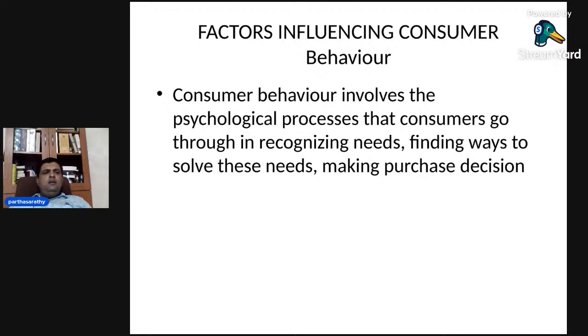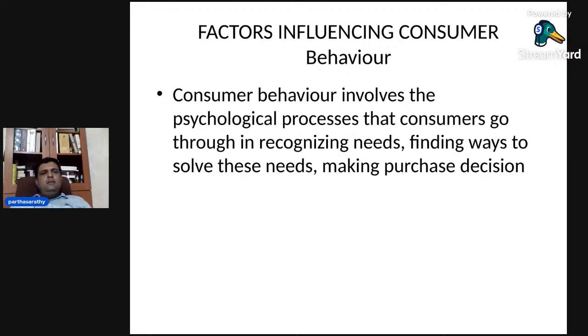Mainly, when we talk about consumer behavior, behavior is mainly considered to be driven by psychological factors. That is why we say mind over body: the mind rules the entire body. Consumer behavior is a psychological process, and understanding that process is a very complex and challenging phenomenon.